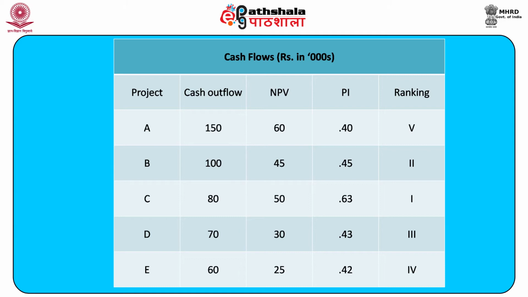Also, the NPVs of these projects are 0.6 lakhs, 0.45 lakhs, 0.5 lakhs, 0.3 lakhs and 0.25 lakhs in the same order. The PIs of these projects are 0.4, 0.45, 0.63, 0.43 and 0.42. The ranking of the projects is C, B, D, E, A from best to worst.